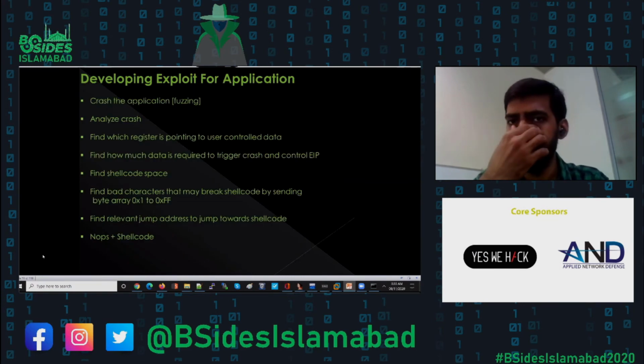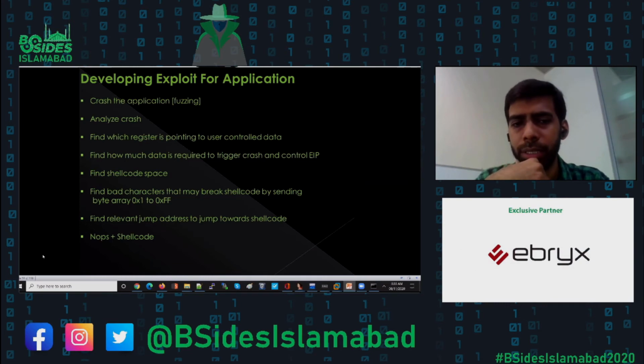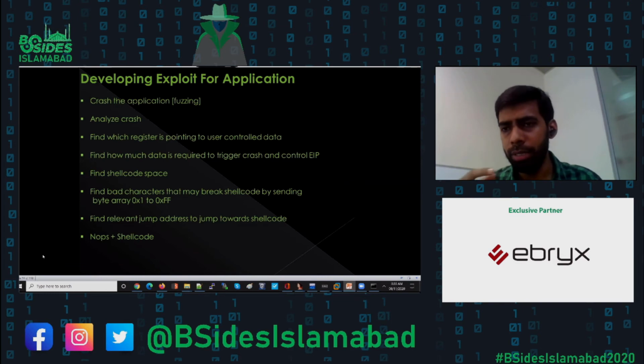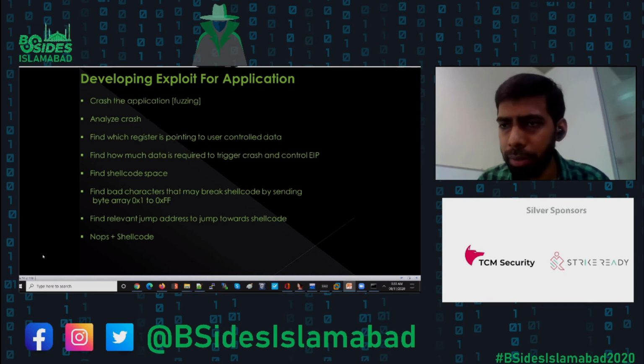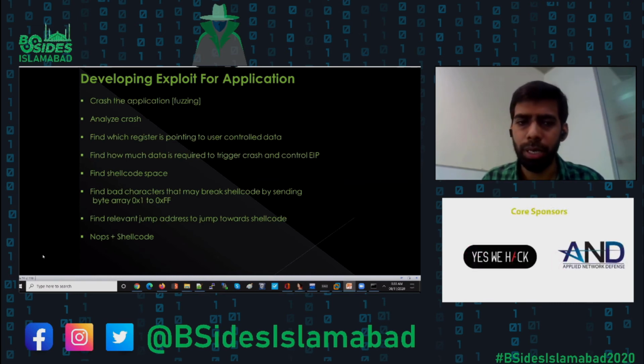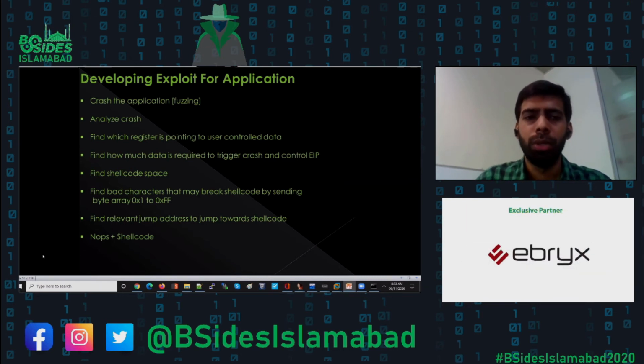Basically, I'm going to start with the crash, analyze the crash, and from there onwards, we will follow the same process. Instead of calling a predefined function that was part of the code, we will try to introduce our own code and try to trigger a calculator or execute a bind shell. So this is pretty much in a nutshell.